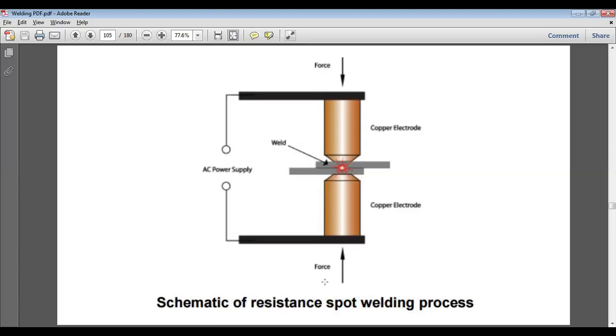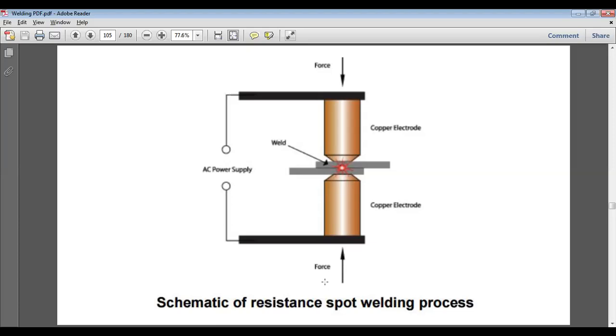electrode comes downwards and there is contact, and the circuit is completed between the electrodes and the workpiece. This way the electric current passes at the joint, heat is produced, and this heat is utilized as the heat of fusion. This is the way spot welding is done.